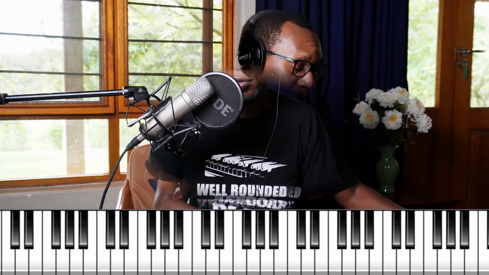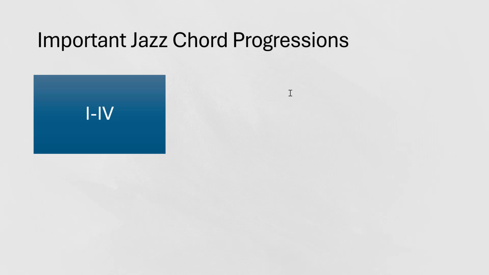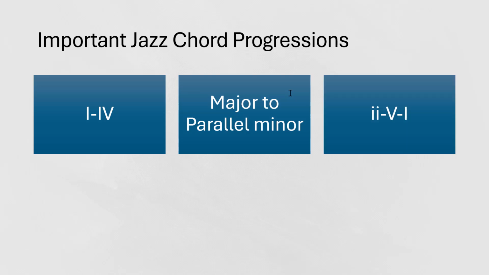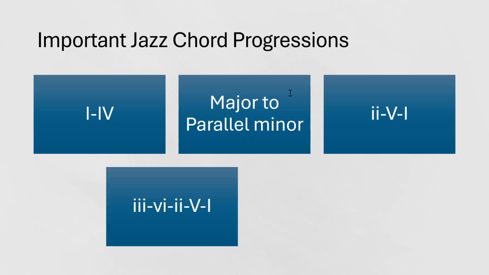Okay, so there you have it. Let's recap those important jazz chord progressions. So we started with a 1-4 progression, and then we went to a major going to its parallel minor. Then we did the 2-5-1 progression, and then we did the 3-6-2-5-1 progression, which is interchangeable with the 1-6-2-5-1 progression.